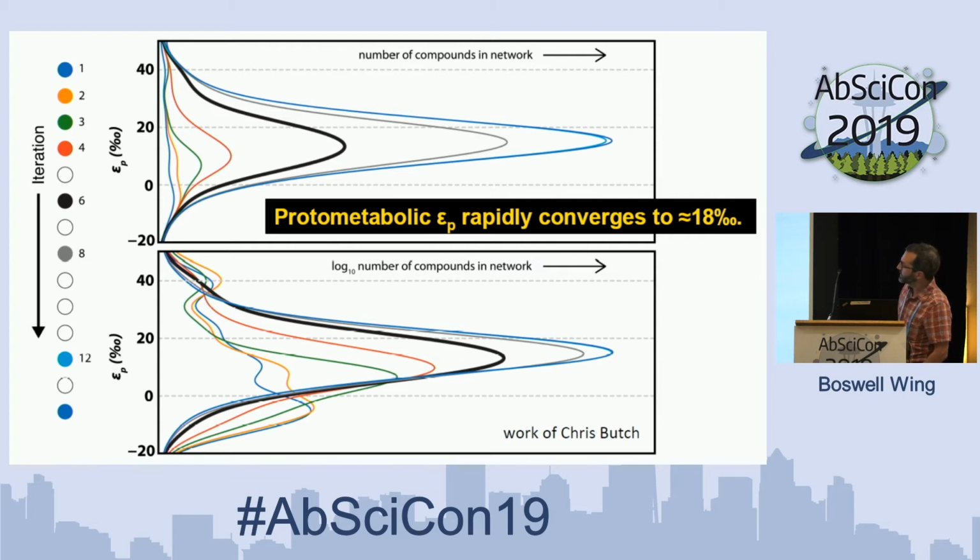But as the network increases in diversity and potentially in complexity, isotope fractionation actually goes the other way. It is narrowing up and approaching a single mode at about 18 per mil for the difference between dissolved CO2 and biomass.